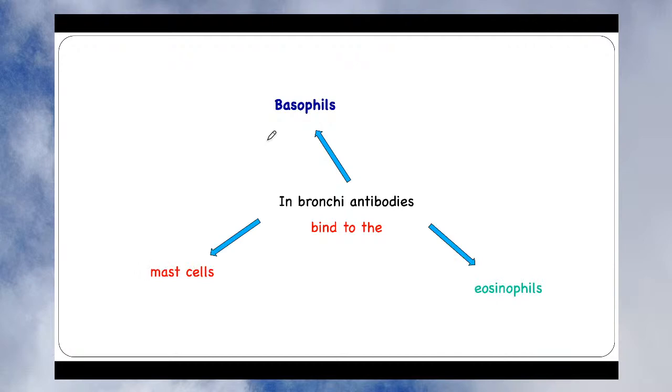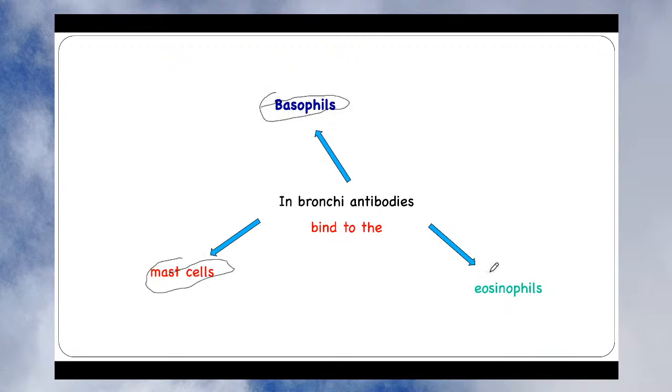Okay, so when this antibody comes through the blood into contact with the bronchial smooth muscle, it will bind to these three important cells: basophil, mast cells, and third, the eosinophil.